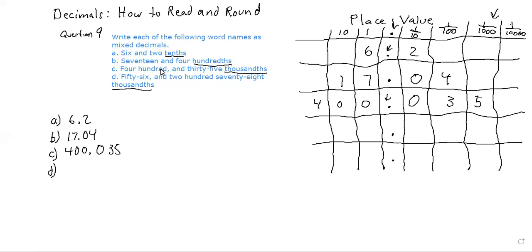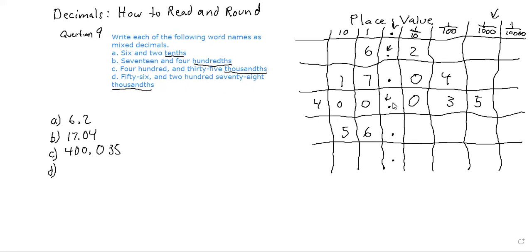Okay, now we have one more to do. We're going to use the same technique. This says 56, so that's the whole number part. It's a mixed decimal because you have a whole number and a decimal. So the whole number part is 56, and it's going to be 56 here. And now the "and" tells us we're going to do the decimal part. They want 278 thousandths.